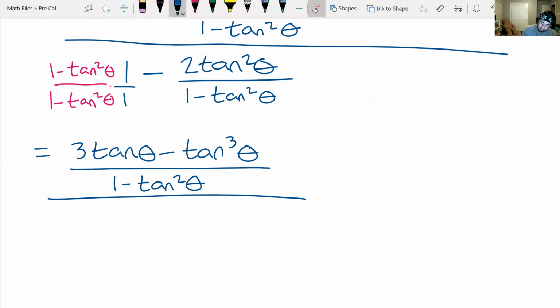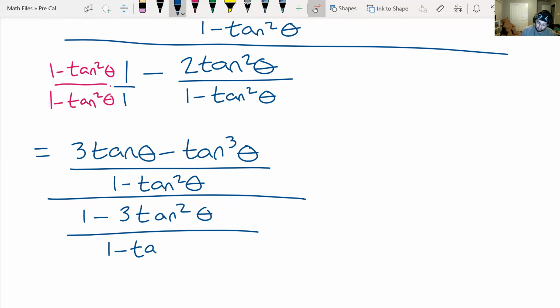So that becomes 1 minus 3 tangent squared theta over 1 minus tangent squared theta.